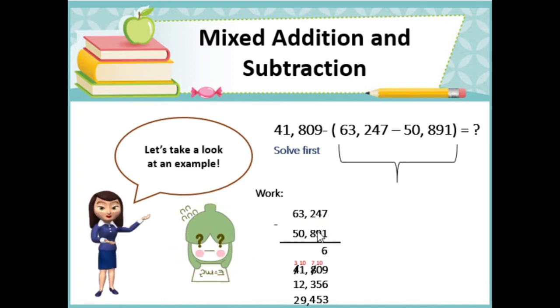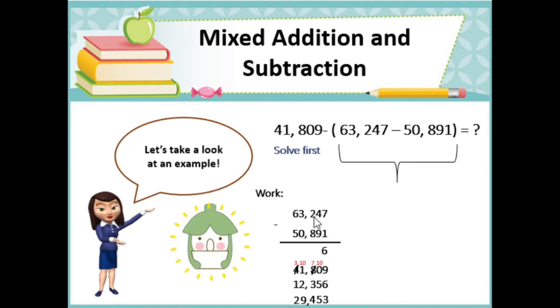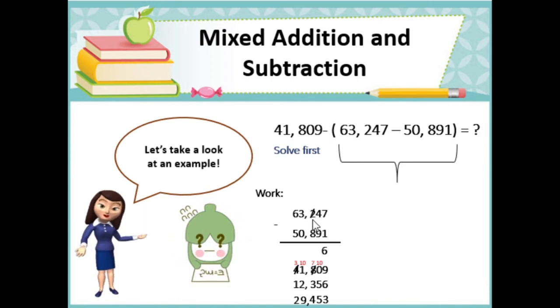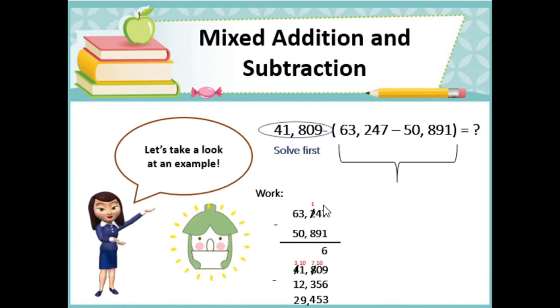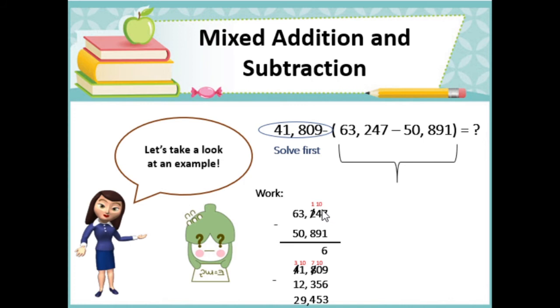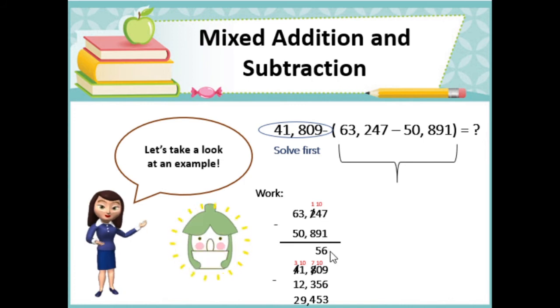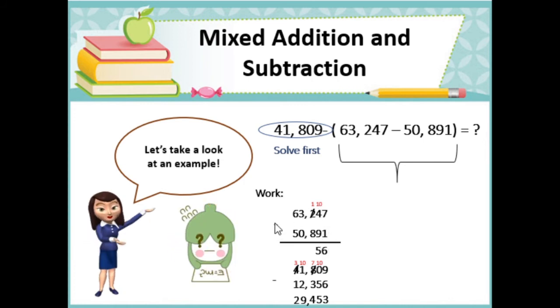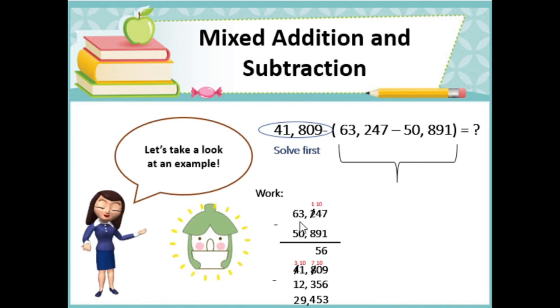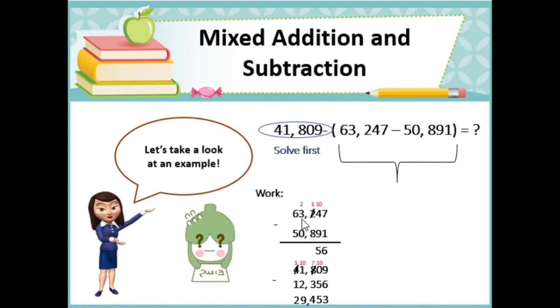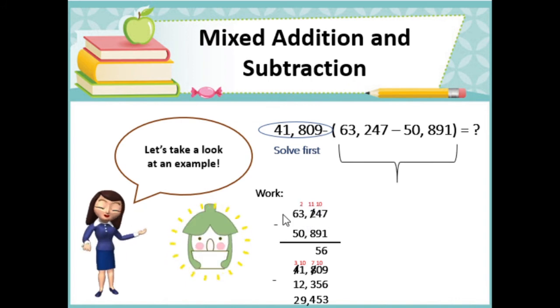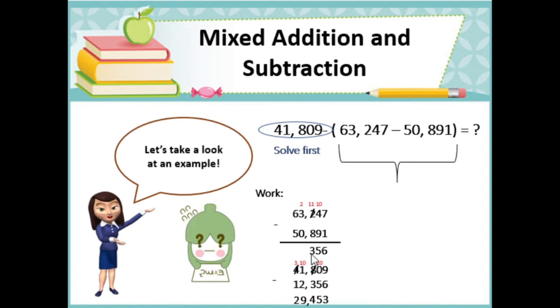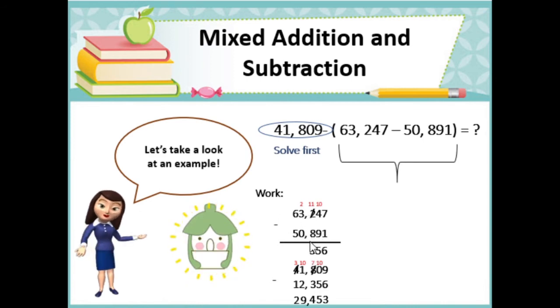4 minus 9 cannot be, so we borrow from 2. 2 becomes 1 and 4 becomes 14. Right? 14 minus 9 equals 5. 1 minus 8, we cannot do it because it's small, so we borrow 1 from 3. 3 becomes 2 and 1 becomes 11. 11 minus 8 equals 3. 2 minus 0 equals 2.